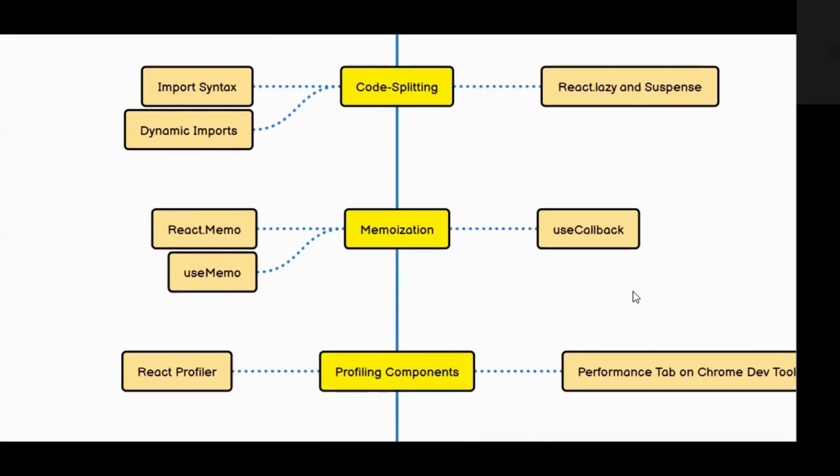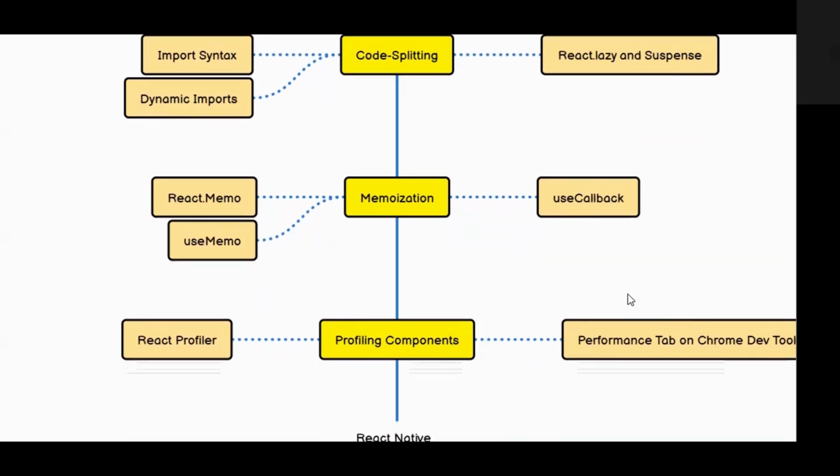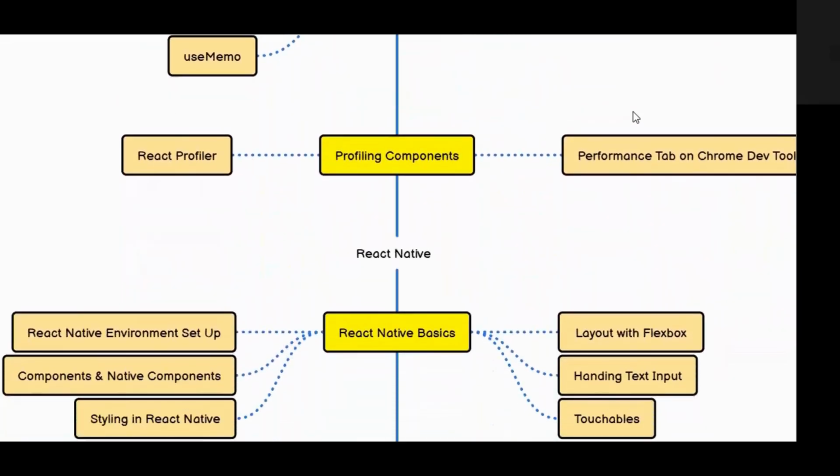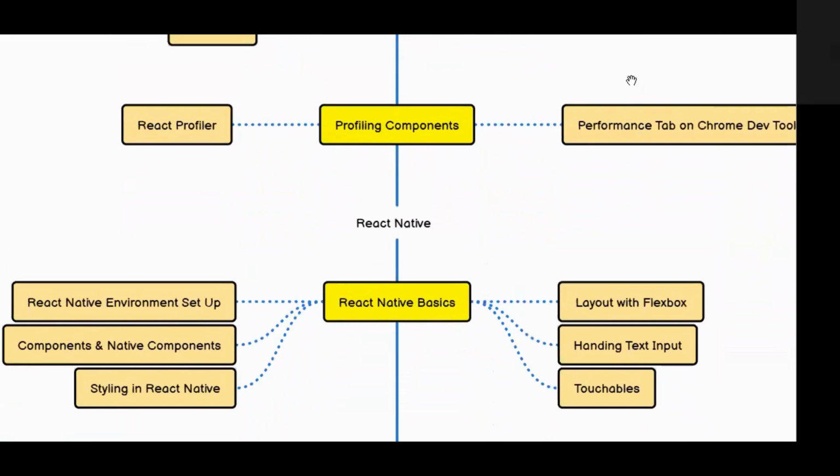If you are good with these things and you want to move on now to React with mobile, then you should be aware of React Native. And you should know how the React Native environment setup works, and how flexbox layout works, because React Native basically uses flexbox layout.